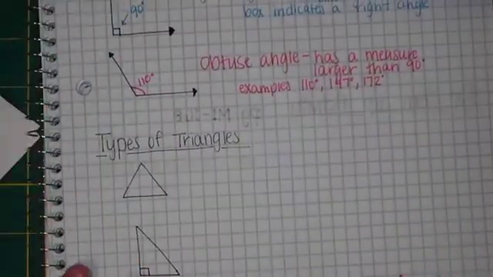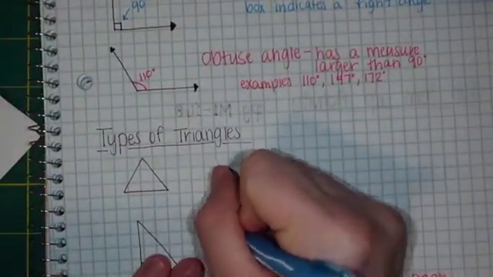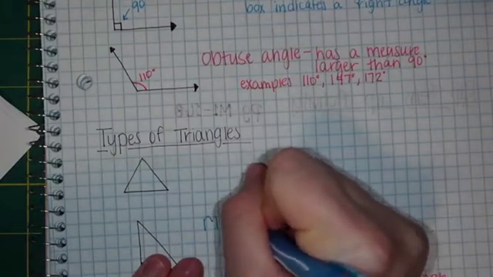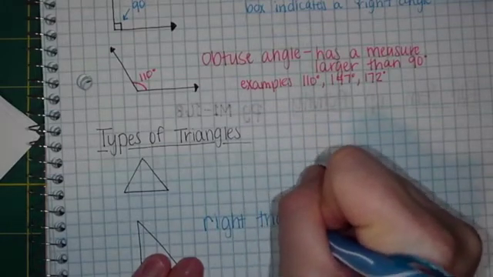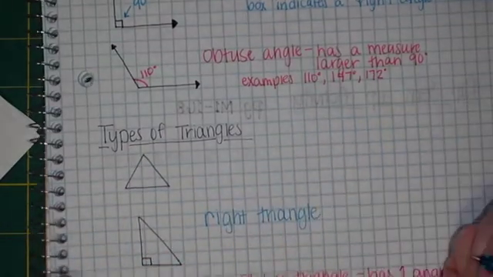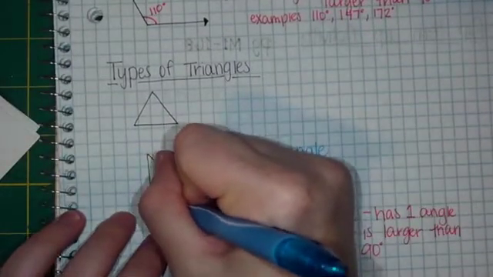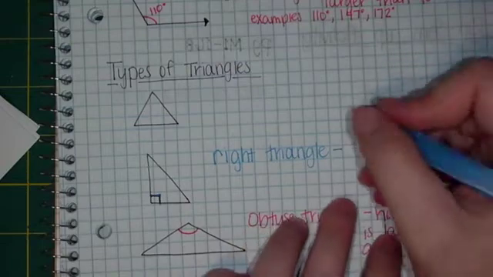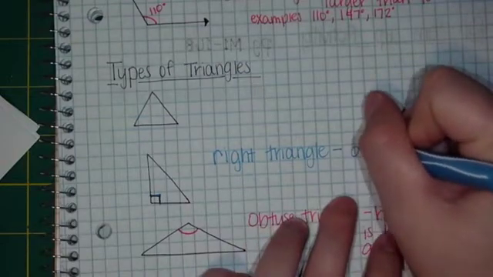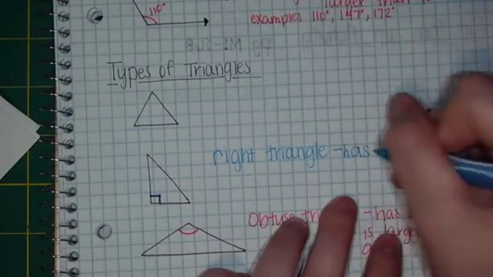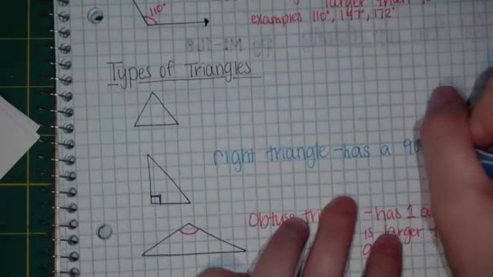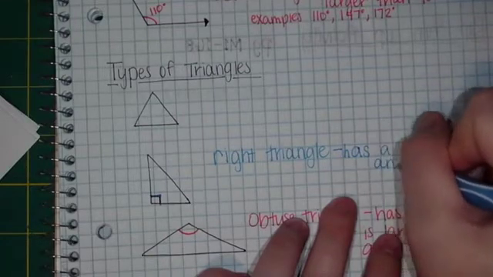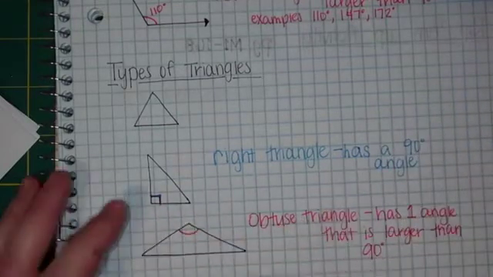Okay, this one is called a right triangle. Because remember, what we just talked about is this right here shows a right angle. So a right triangle has a 90-degree angle.